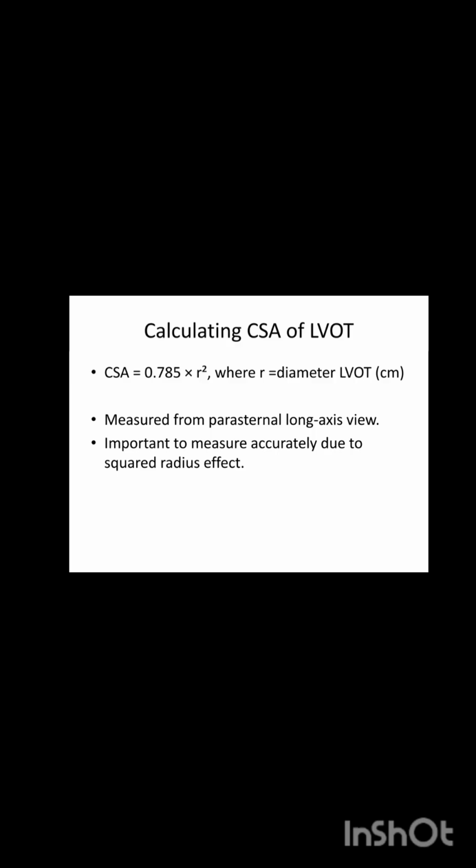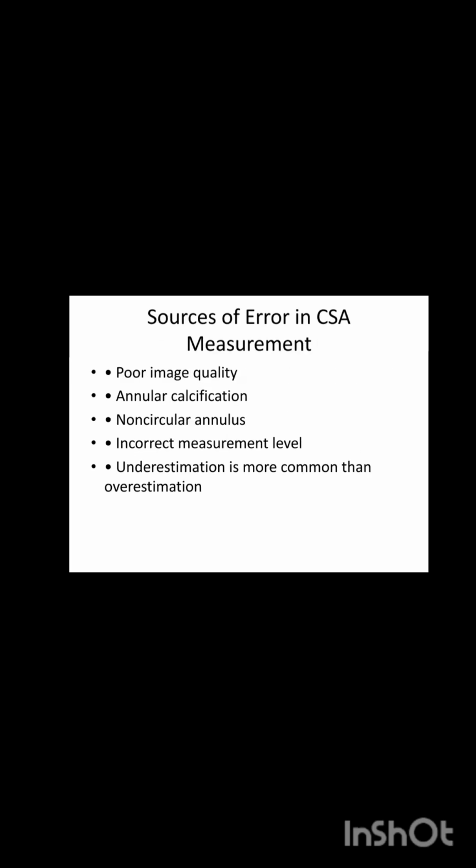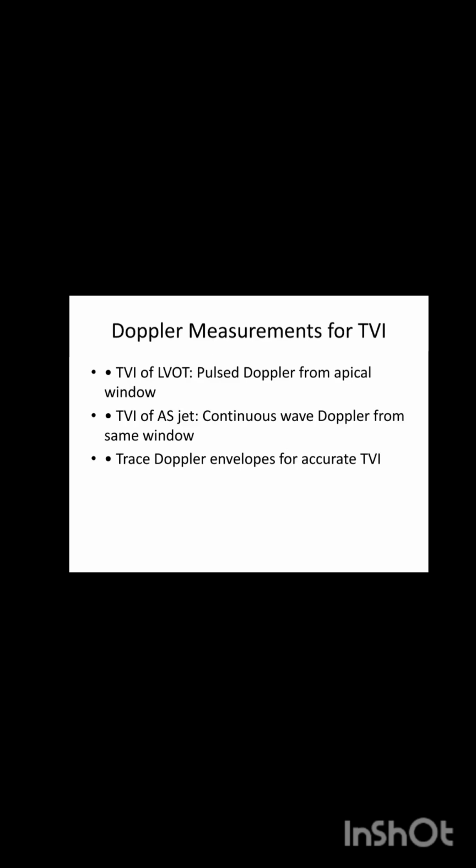I will show you a real video clip of this continuity equation in this part. Sources of error in cross-sectional area measurement are poor image quality, annular calcification, a non-circular annulus, and incorrect measurement levels. Underestimation is more common than overestimation.